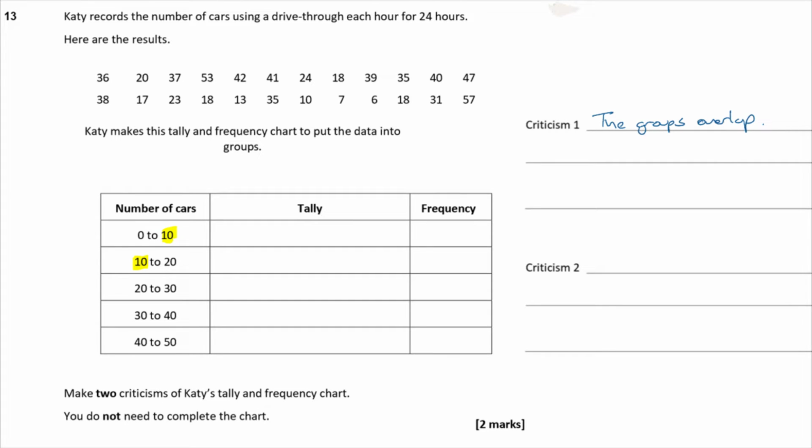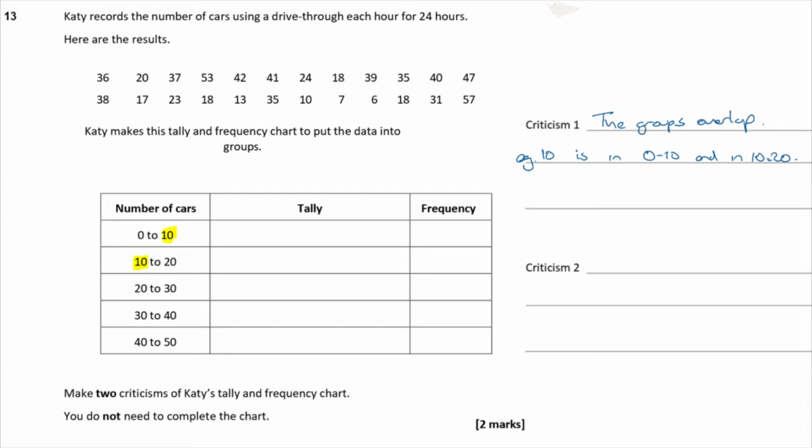For example, 10 is in 0 to 10 and in 10 to 20. Okay, so that's my first one, the groups overlap.